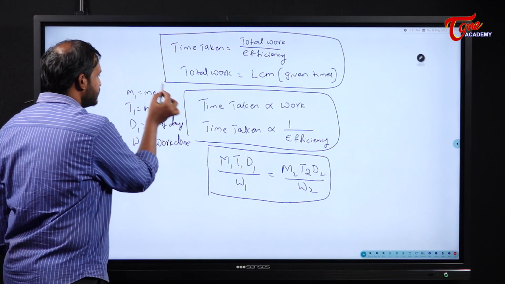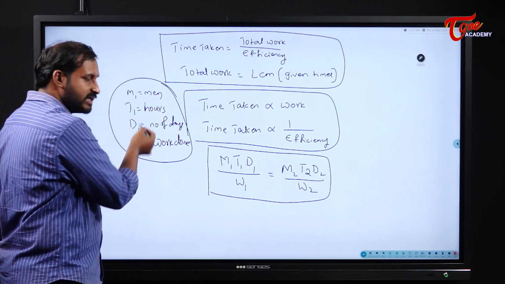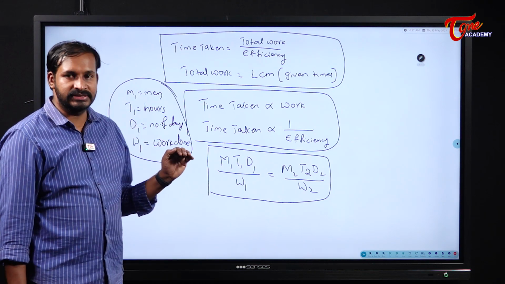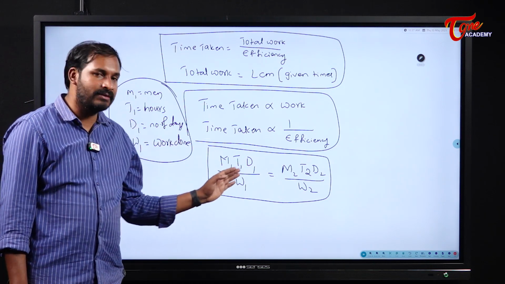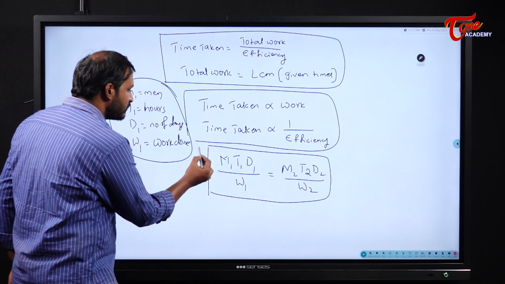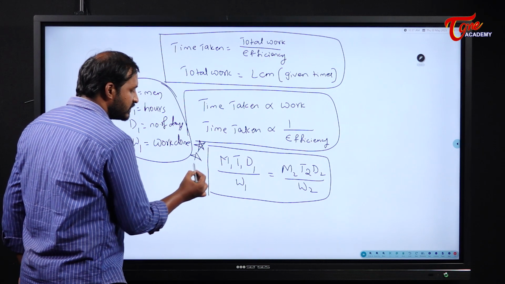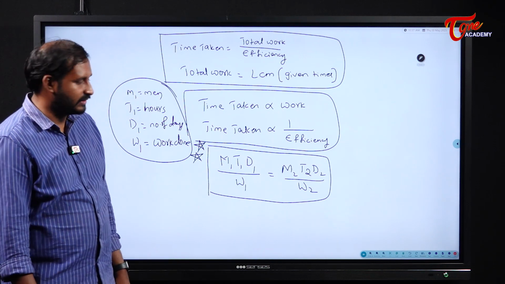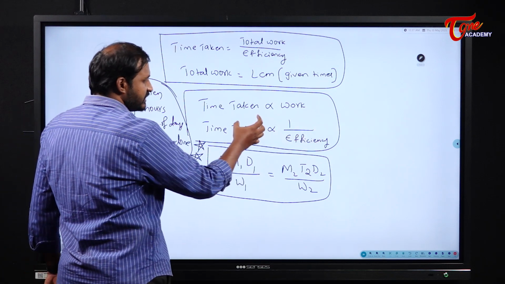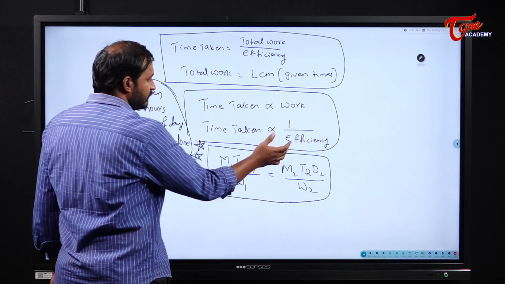What will happen in the questions is, same thing is related to M2, T2, D2, W2 also. So, we will see the examples later, but M1 T1 D1 by W1 is equal to M2 T2 D2 by W2. This is also one more formula which we are going to use in our time and work concept. This formula was derived from this. When you send efficiency to this side, it will get multiplied.